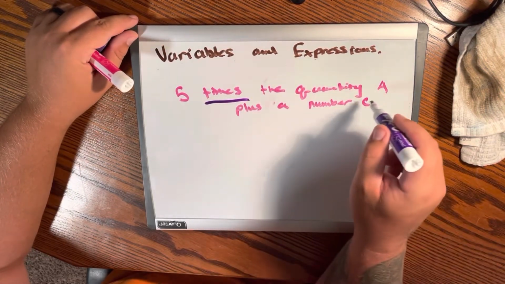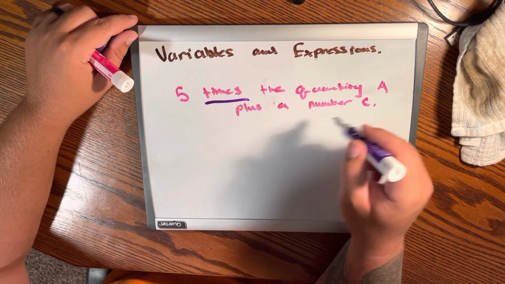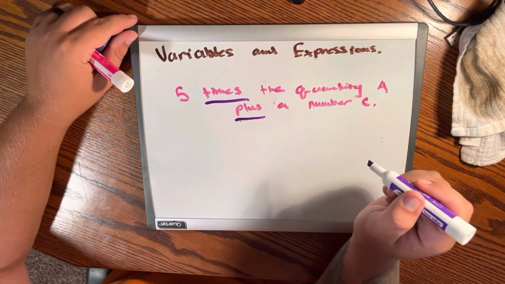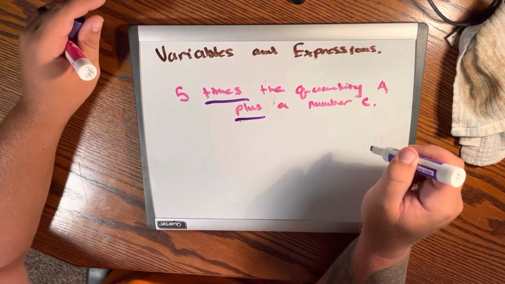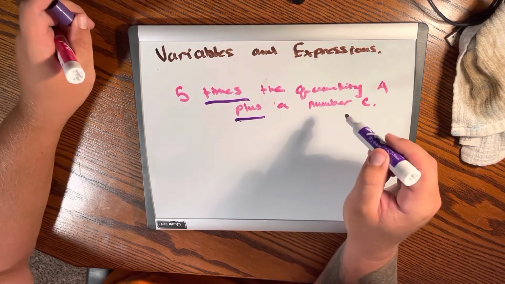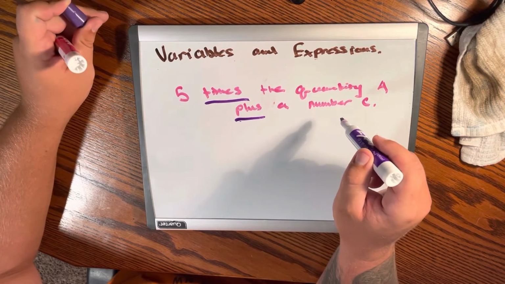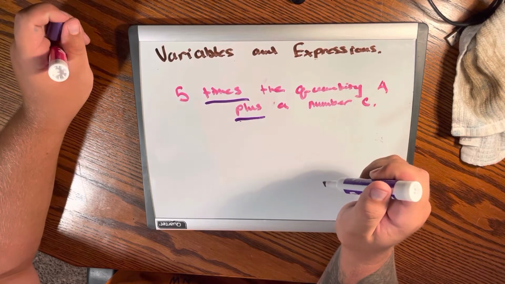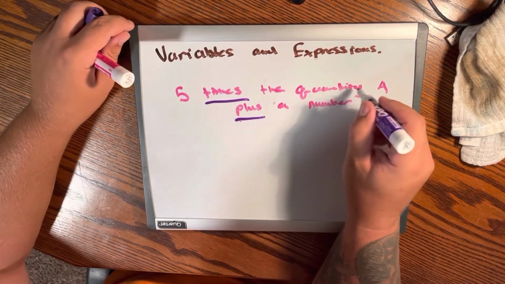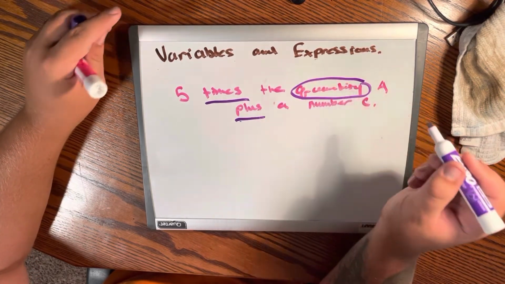Times the quantity 4 plus a number c. Okay, so 5 times the quantity 4 plus a number c.